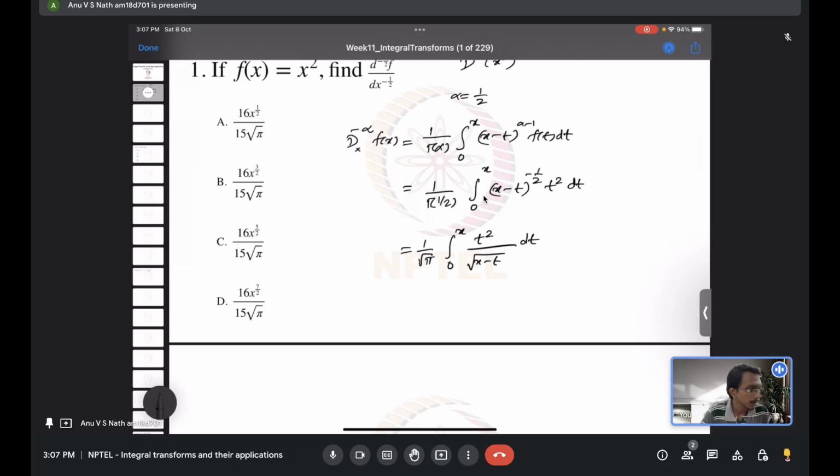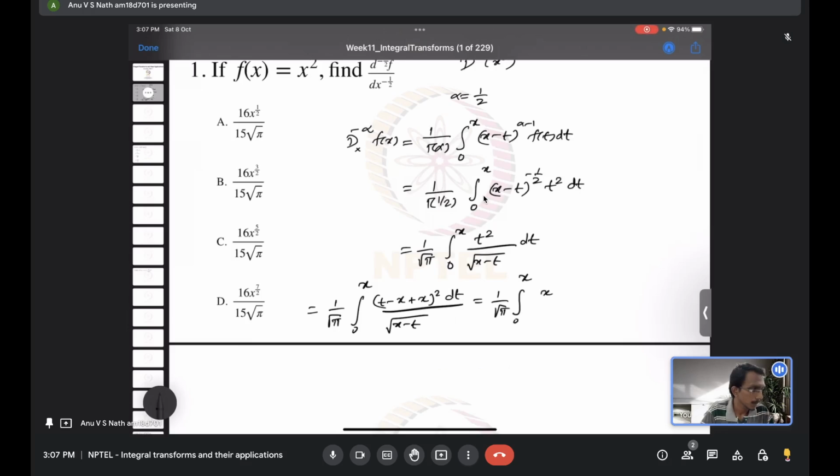Okay, so now we can rearrange the expression like (t minus x plus x) the whole square dt by x minus t, then integral 0 to x. Again, some rearranging.